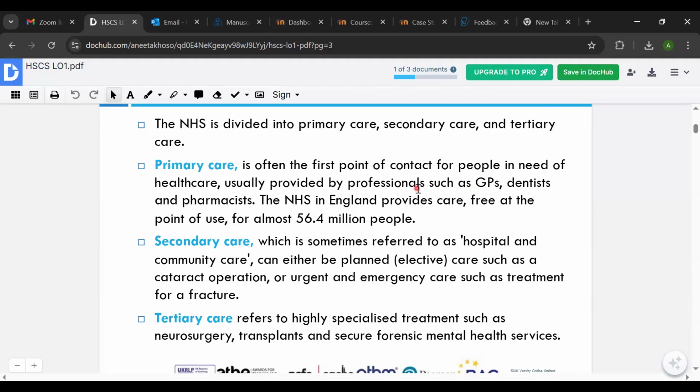NHS England is free. It provides care free at the point of use, and it caters to around 56.4 million people.